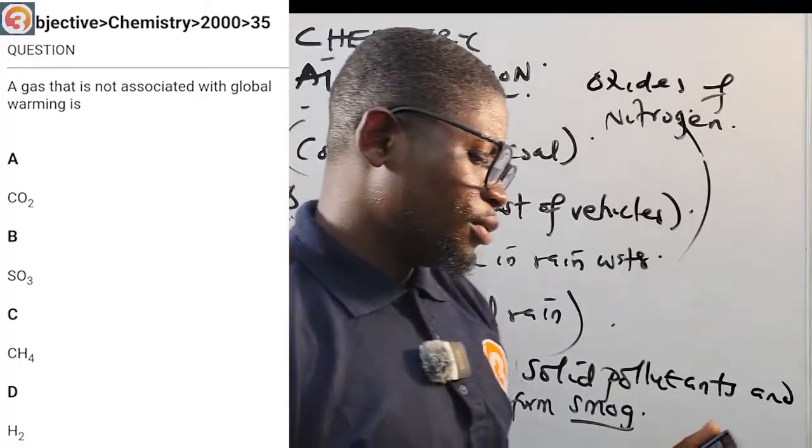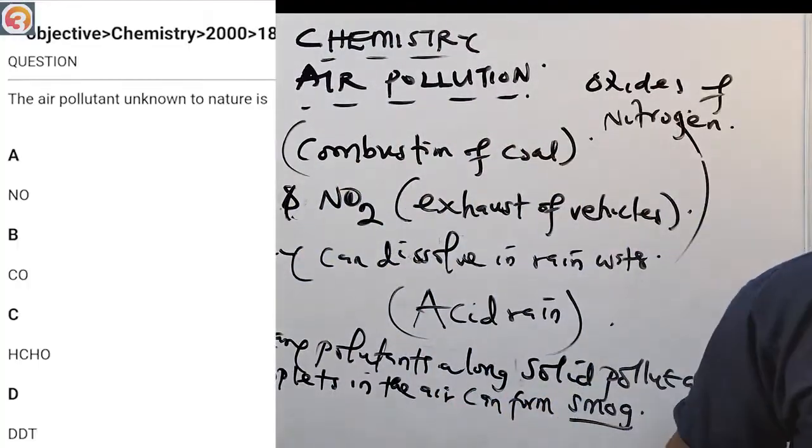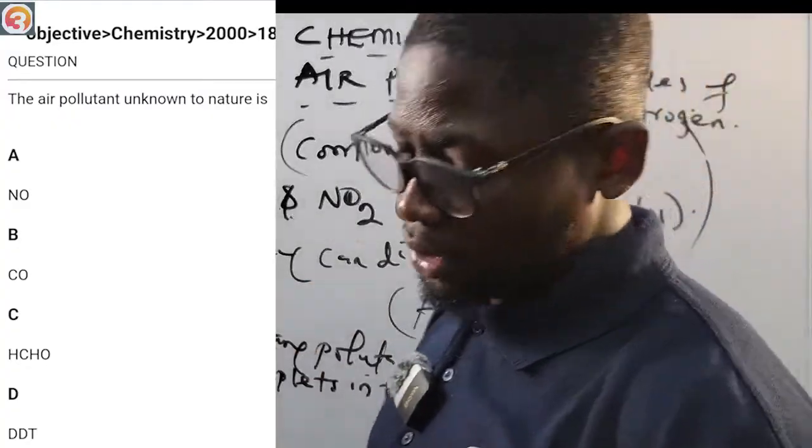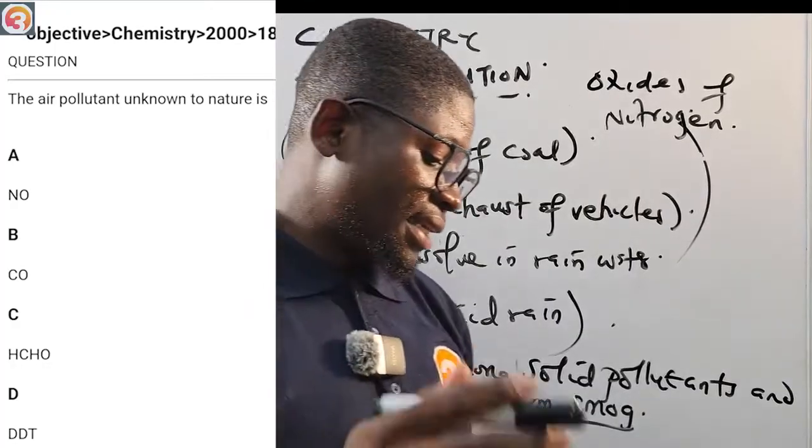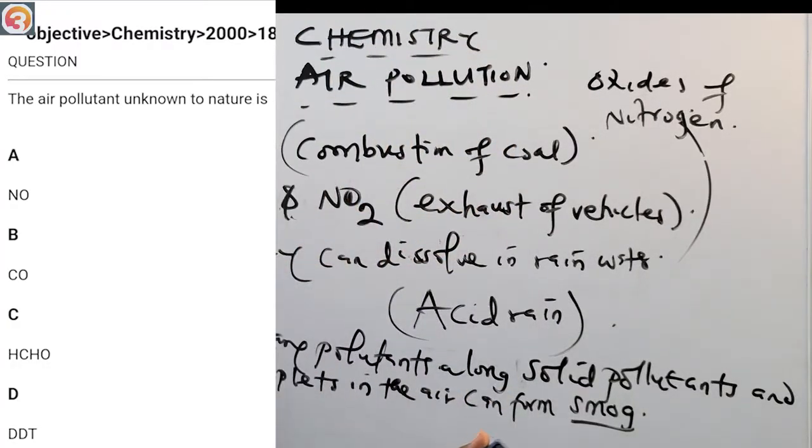Now let's see another one, year 2000, question 18. They say the air pollutant unknown to nature is A, nitrous oxide, B, carbon monoxide, C, formaldehyde, HCHO, D, DDT.